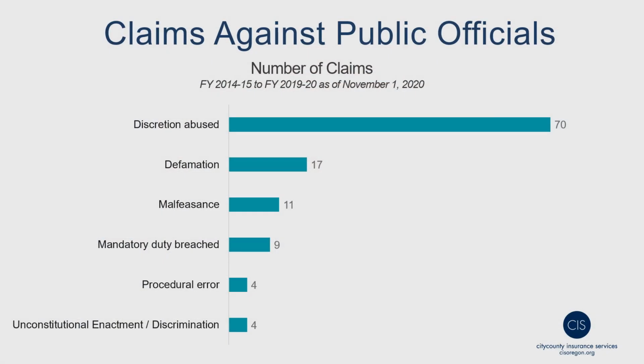And I'll talk more about that a little bit later. And then the other small ones are procedural errors. Those don't come up a lot. Or an unconstitutional enactment, where you know that some regulation you want to pass is prohibited by law, and yet you pass it anyway. Believe it or not, that does happen.